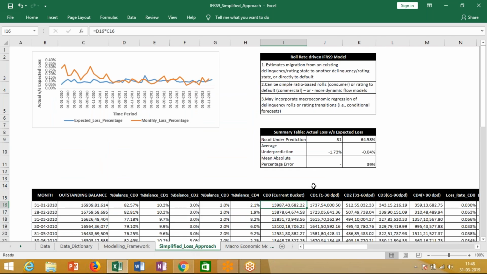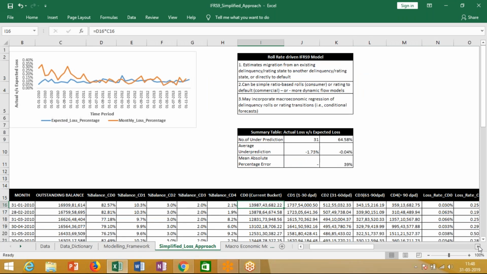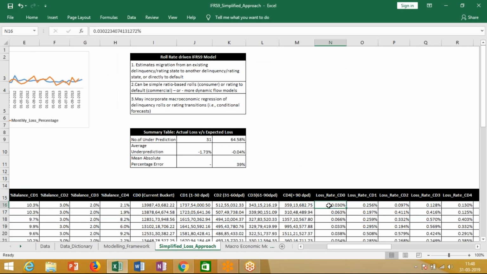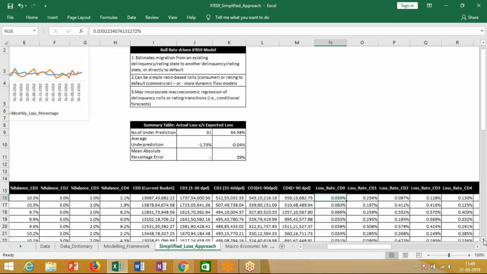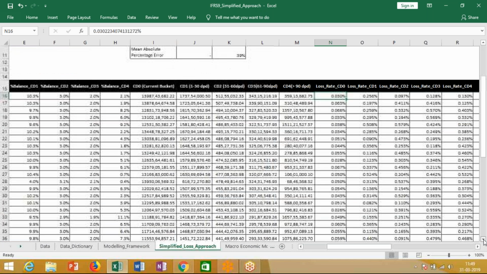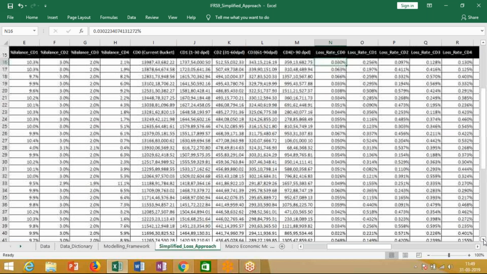So this is how the loss rates were decided for these buckets. Over here, if you have a look, you'll see that you have a whole distribution of the loss rate buckets.